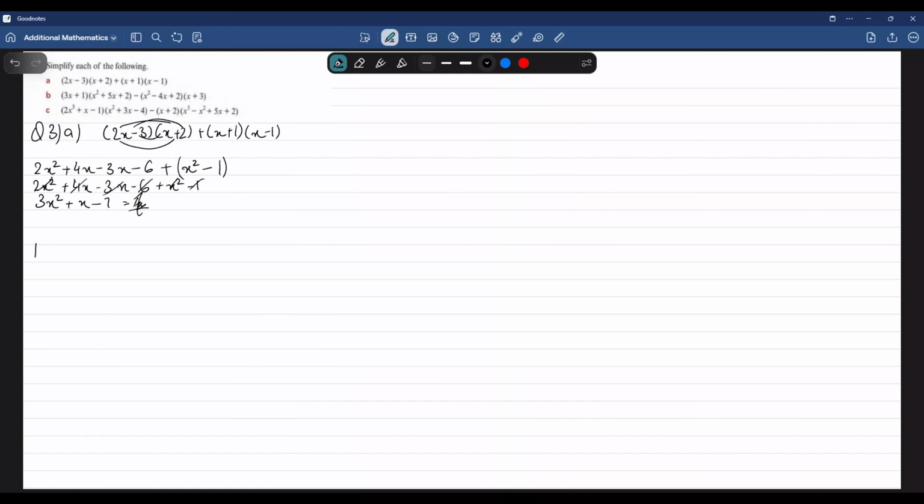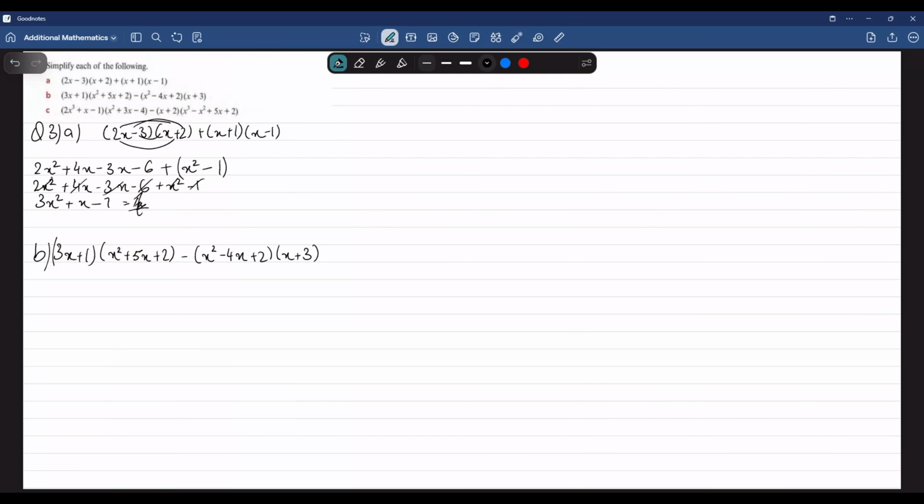Okay. For part B, we have 3x plus 1 multiplied by x squared plus 5x plus 2, minus x squared minus 4x plus 2 multiplied by x plus 3.